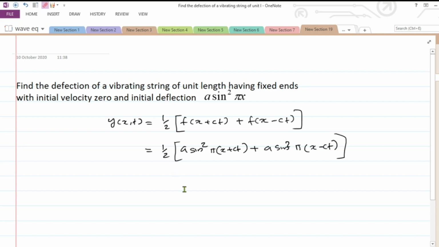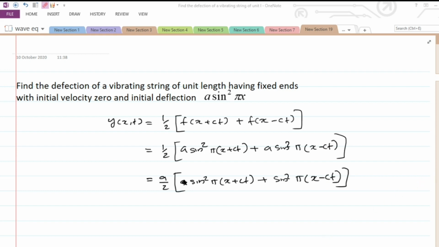Now what we do is we take a outside, which is common, so it is equal to a by 2 into, a outside, sine square pi into x plus ct plus sine square pi into x minus ct.